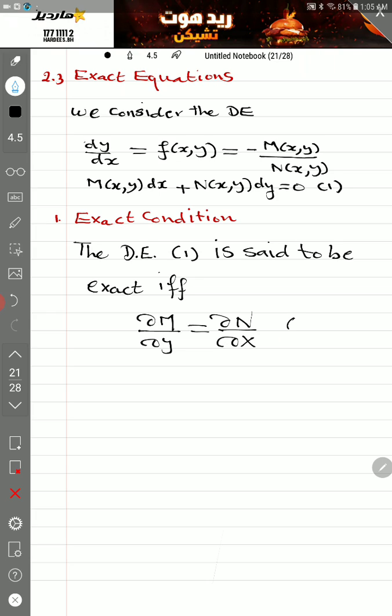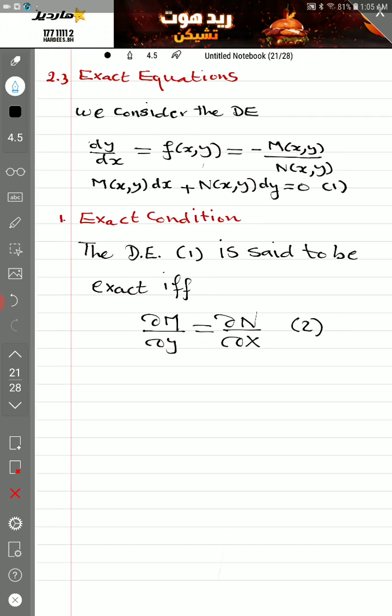Let's put this condition number 2. You have your m dx, so you differentiate with respect to y, and n is dy, so with respect to x. So this is the condition for exact.